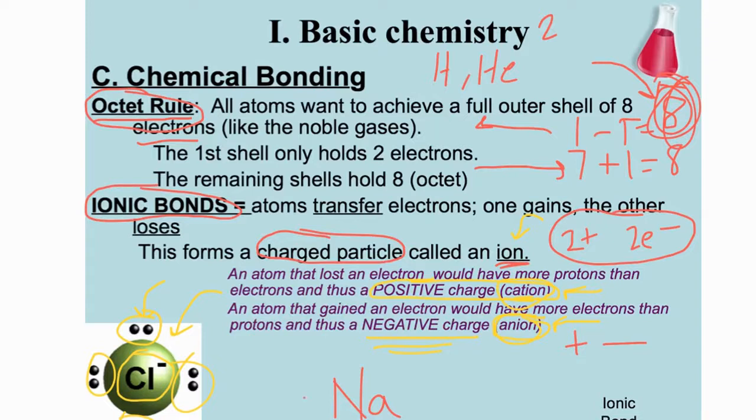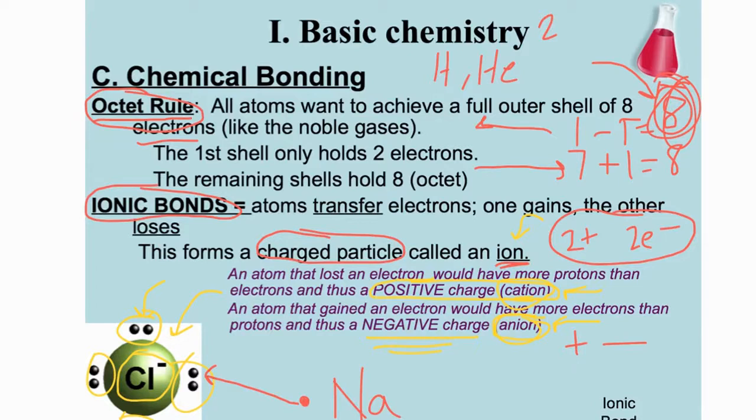Well, sodium only has 1 in its outer shell. So sodium wants to give that electron up to chlorine, and chlorine loves to take it because then it'll fill that outer shell, not with 7, but with 8. And now, sodium has its second level filled with 8, so sodium would be happy.